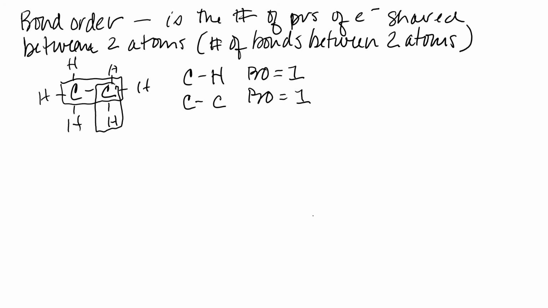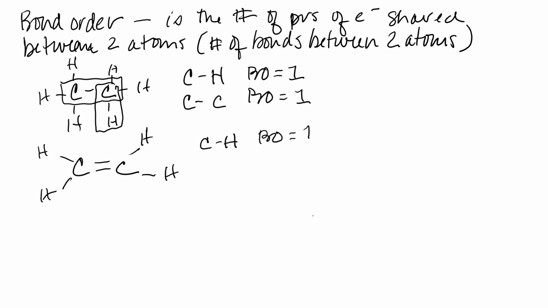If we look at this structure, now we have a CH bond, and of course that bond order remains the same, but we have a carbon double bond, so the bond order here equals 2.